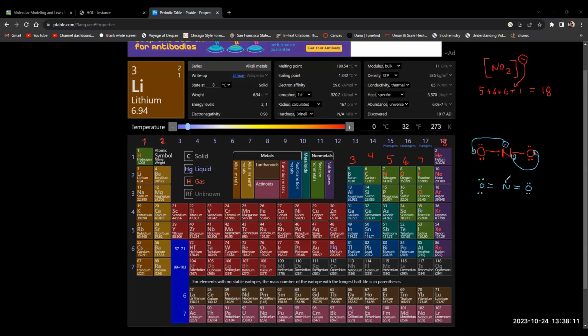No, this nitrogen still has an electron left over, and it doesn't complete octet. It actually exceeds it, and that's not correct. You can't have 9 electrons on an atom here.